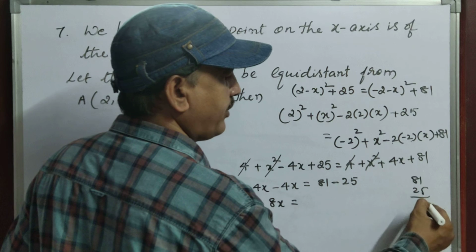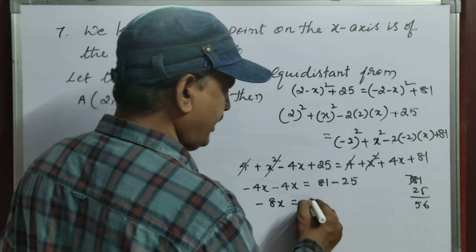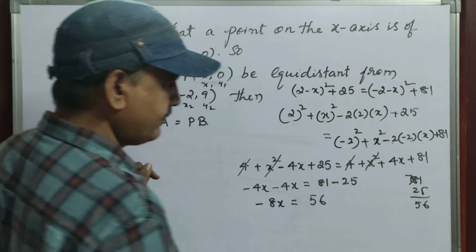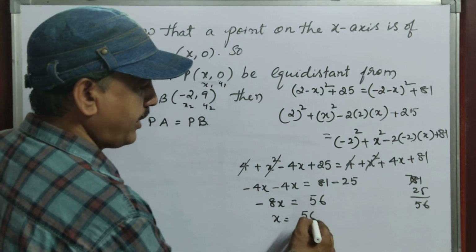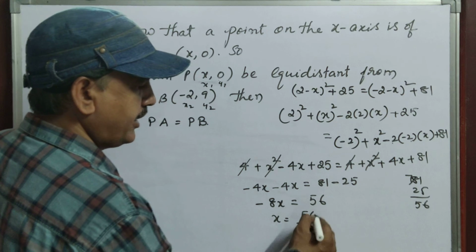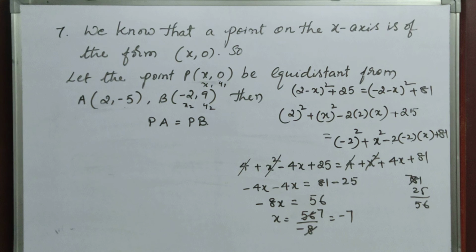So 11 minus 5 is 6, 7 minus 2 is 5, 56. Now x equals 56 by minus 8. 8 sevens are 56, so minus 7. What is the x value you got? Minus 7.